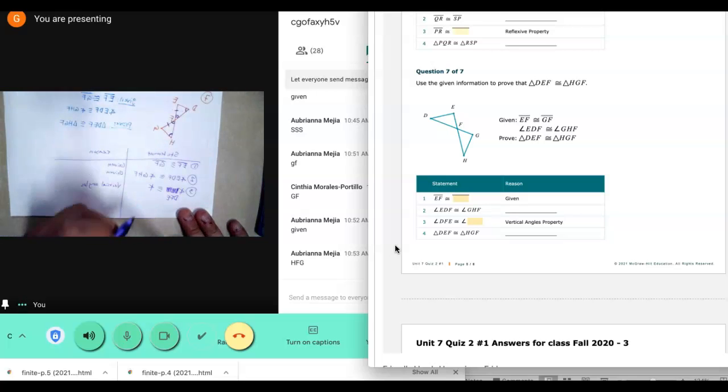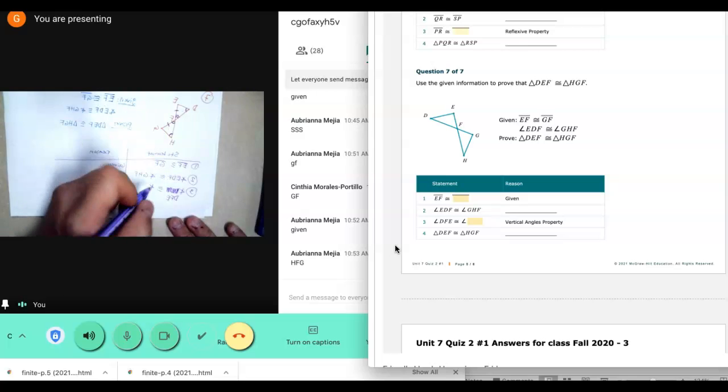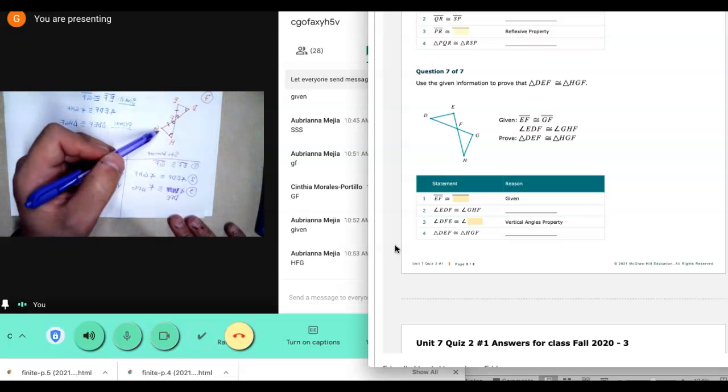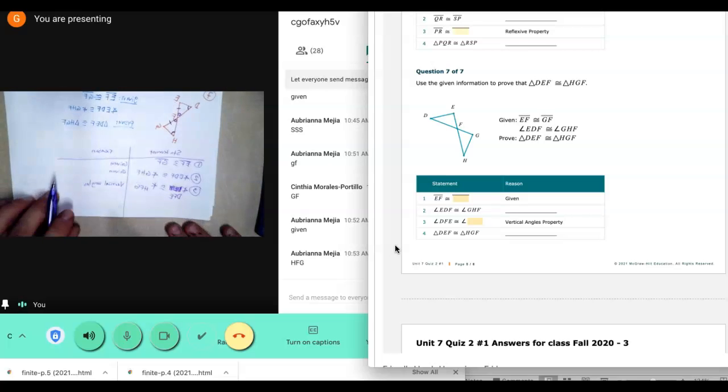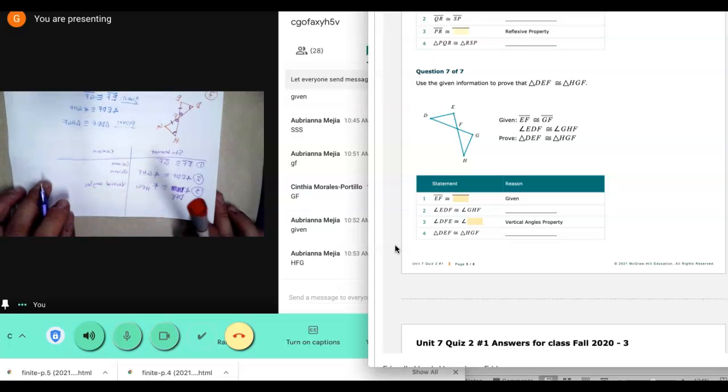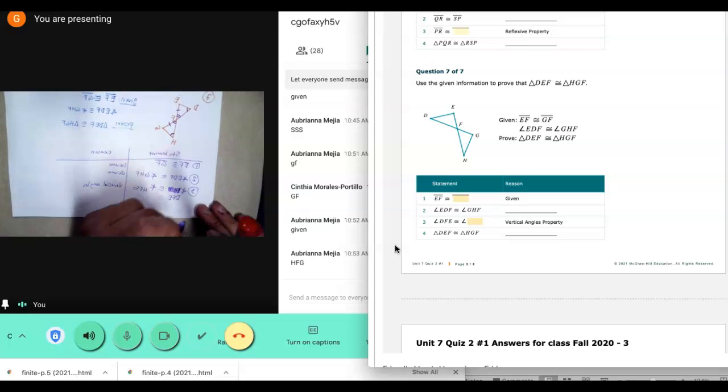You can also call angle HFG angle GFH, it's the same angle either way. Thanks again for that chime in, and now I have my last statement, DEF is congruent to HGF.